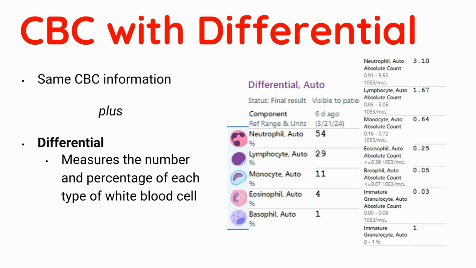It may be that your percentages of these cells and the total numbers are in the normal range, but if they are abnormal, the pattern of how it is abnormal can help provide us some useful information as we think about what the cause might be. I'll give one example, which is that eosinophils often act as a signal of allergic reactions or side effects to medication, but it also can be elevated in something very specific like a parasitic infection.